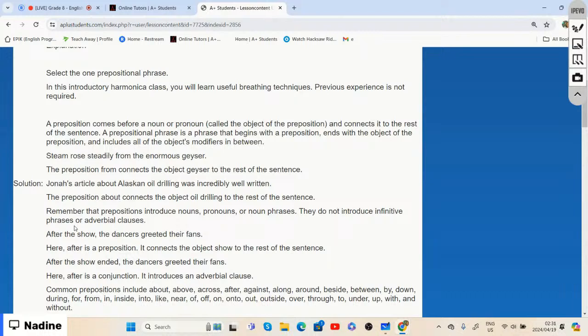All right. So in this case, remember the prepositions, they introduce nouns, they introduce pronouns or noun phrases, right? They do not introduce infinitive phrases or adverbial clauses.